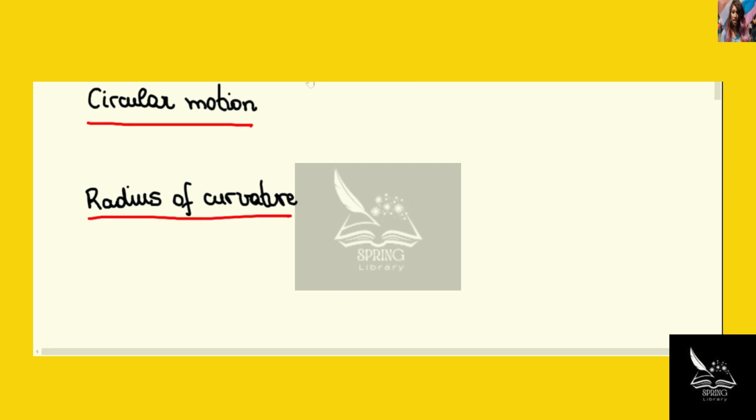When we're talking about circular motion, we're talking about a particle whose trajectory is a circle, and at any point in the trajectory, the acceleration of the particle can be decomposed into two components. One of them is the centripetal acceleration, that points towards the center of rotation, and the other one is the tangential acceleration.